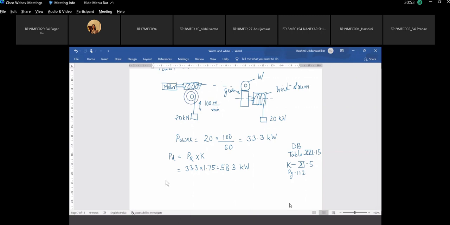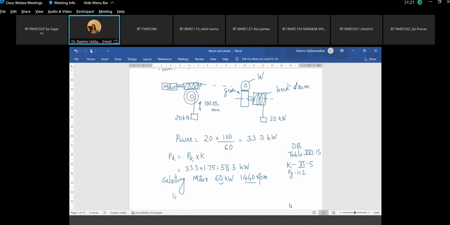So we are selecting a standard motor, 60 kilowatt power, running at 1440 RPM. This is given. This we have selected from our calculations.